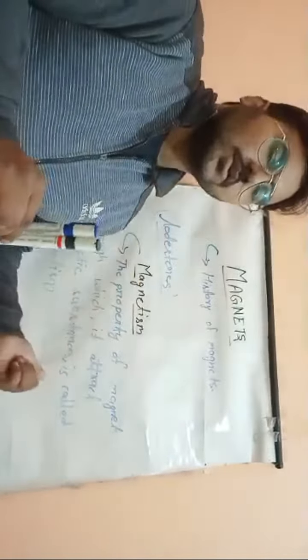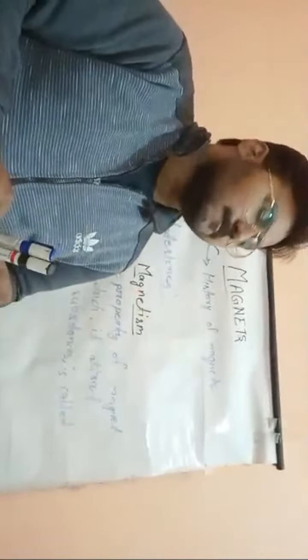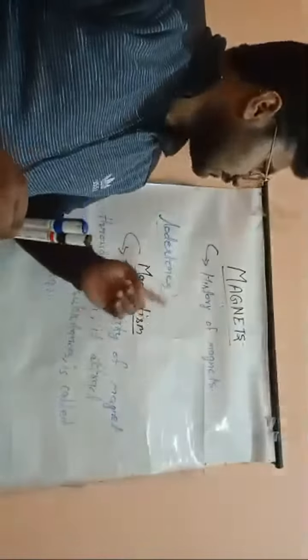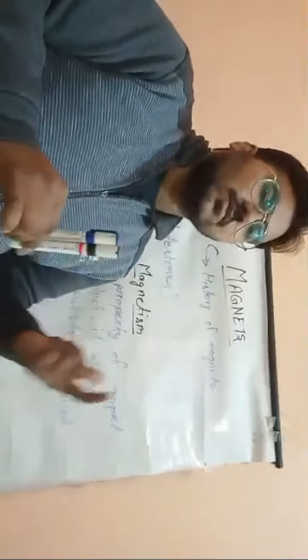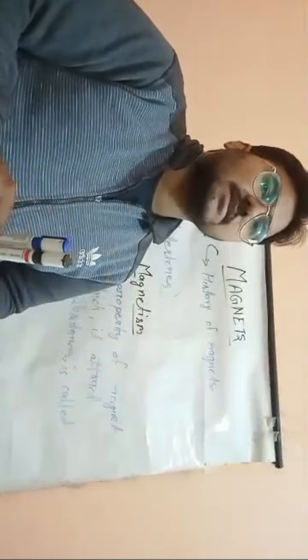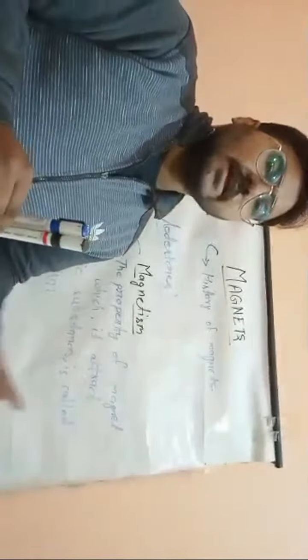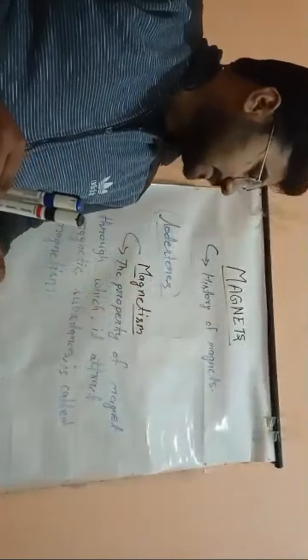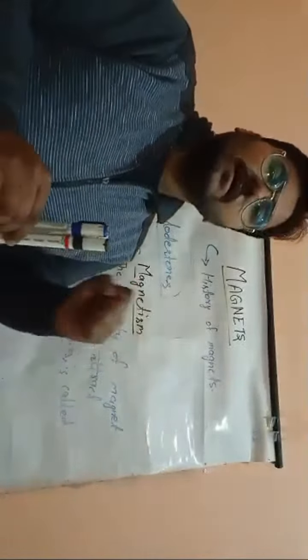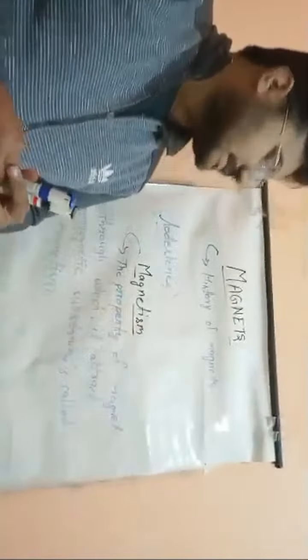I hope it is clear what a magnet is. A magnet is a substance which attracts magnetic substances towards it. Magnetism is the property by which iron or magnetic substances are attracted towards the magnet. I hope these two points are clear to you.